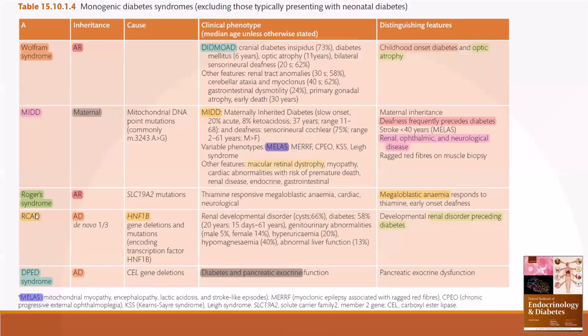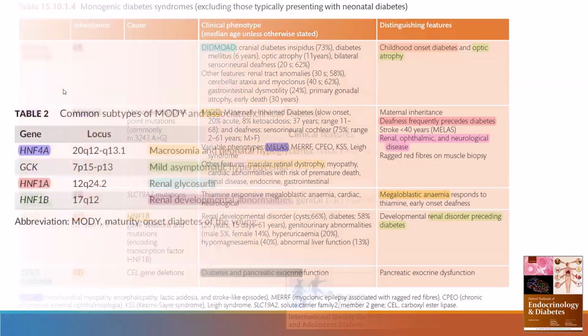Maternally inherited mitochondrial diabetes: deafness frequently precedes diabetes, and stroke under 40 years in the MELAS form. RCAD is autosomal dominant, as I mentioned, modified HNF1 beta, with developmental renal disorder preceding diabetes. Of course another form is the syndrome with autosomal dominant diabetes and pancreatic exocrine dysfunction, and I will cover some of them later in the next sessions, inshallah.